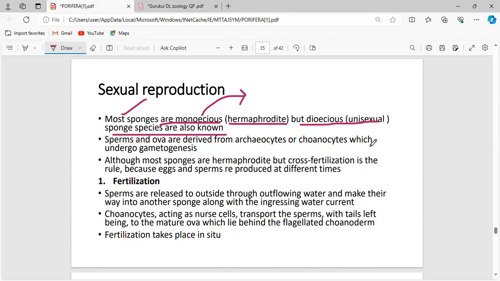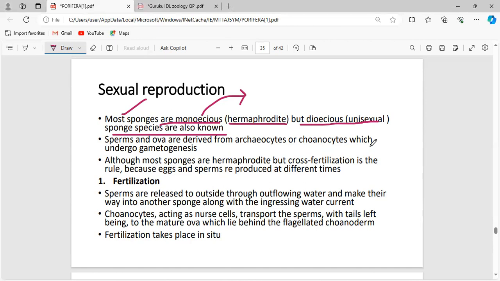That is said to be monoecious. This monoecious is also called a hermaphrodite animal. Just make a note of it. A question from this word can also be asked in your exam. Let me prove it to you when I show the questions.